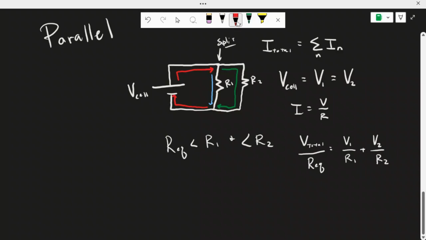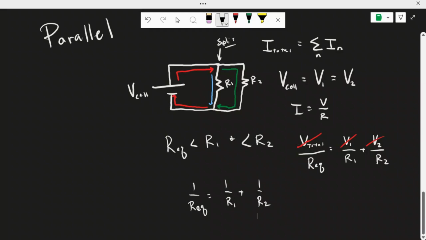And now I've already said that all the voltages are the same, so I can actually cancel all of these and just end up with 1 over R equivalent is equal to 1 over R1 plus 1 over R2.